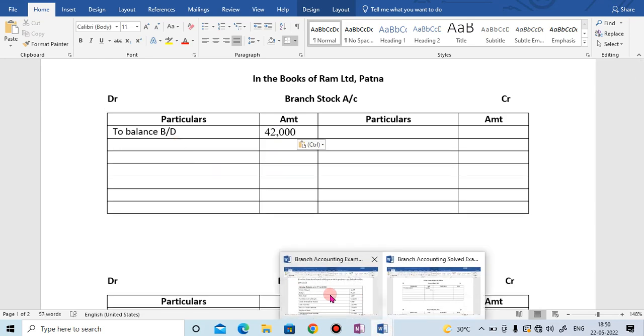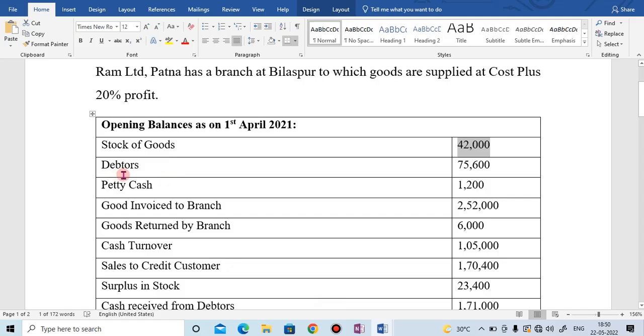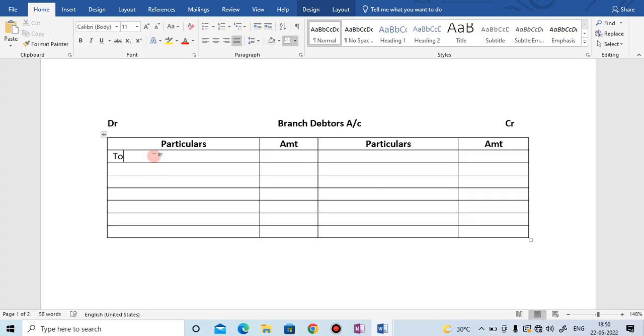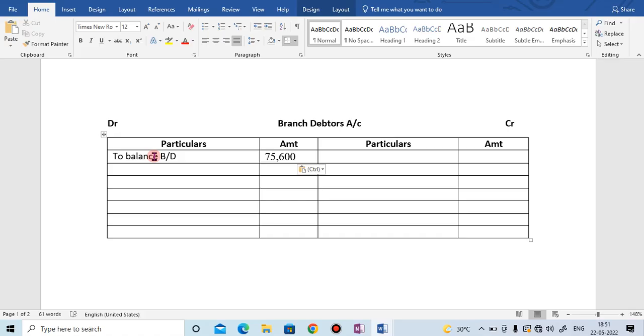Next is the opening balance of debtors. Opening balance of debtors is 75,600. So in debtors account, to balance brought down 75,600.